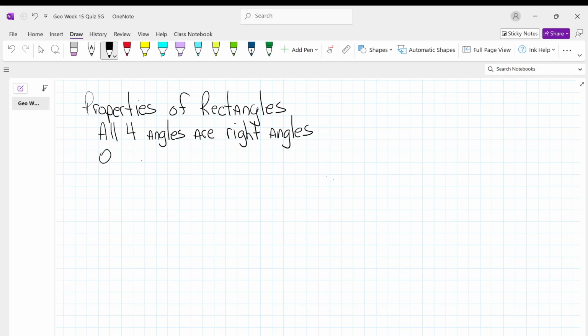Opposite sides are parallel and congruent. Opposite angles are congruent.